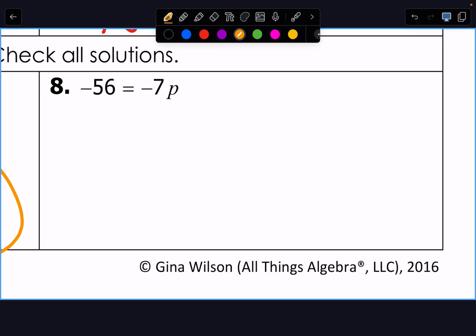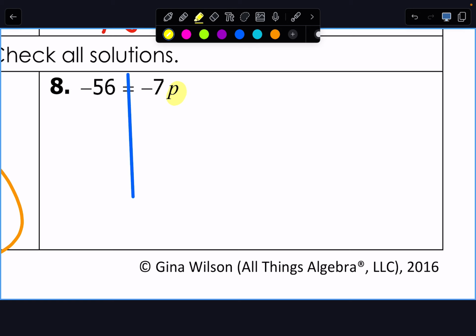All right, so let's look at this one. Number 8. Draw your fence. Okay, find your variable. We want P by itself.